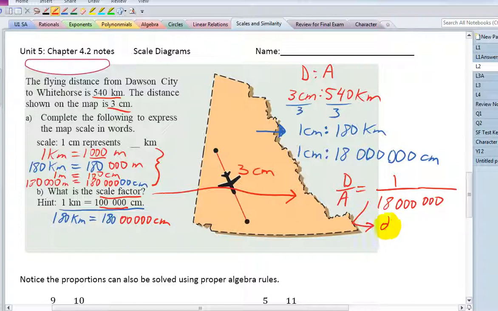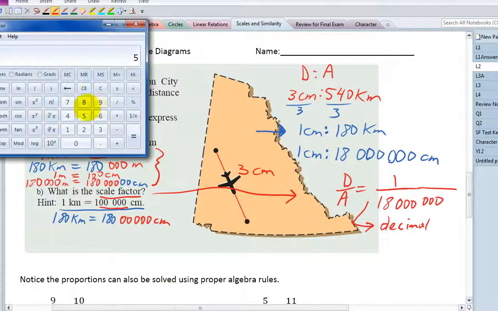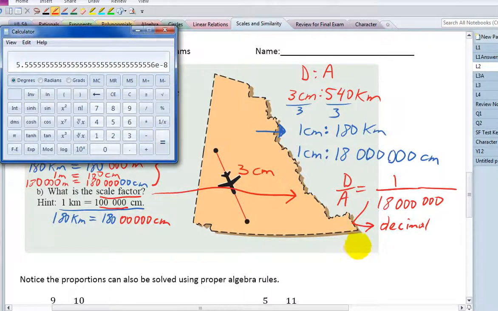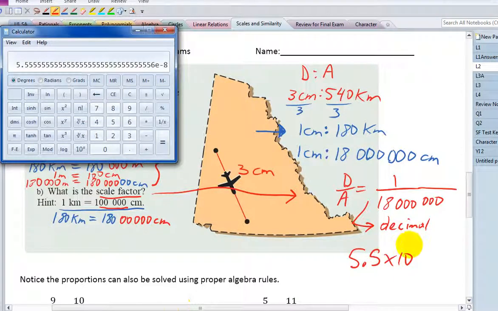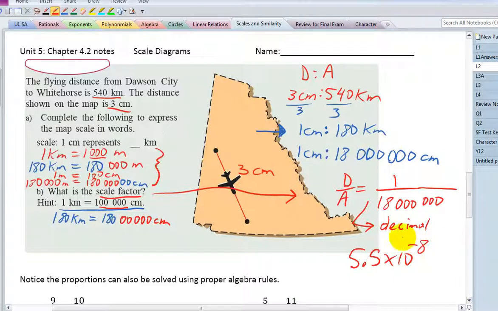Okay, and I'll just show you what it looks like on your calculator. 1 divided by 18 million. So that's 5.5 times 10 to the exponent -8. And we don't teach scientific notation anymore. You'll see that in chemistry and stuff. Really, really large or really, really small numbers.